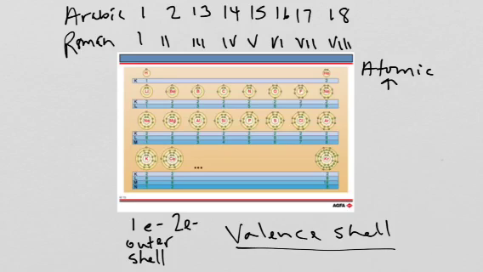I believe it is on page 22 of your text. It talks about the periodicity, or the size of these elements as we go from left to right.